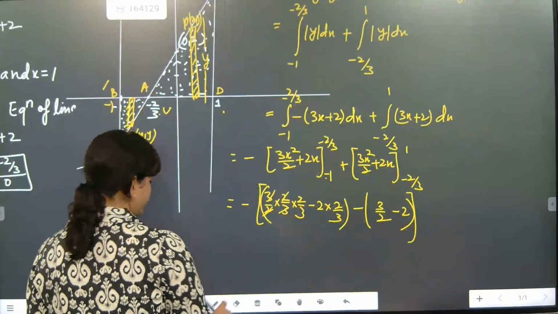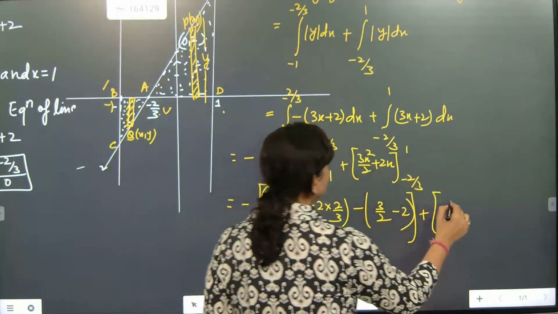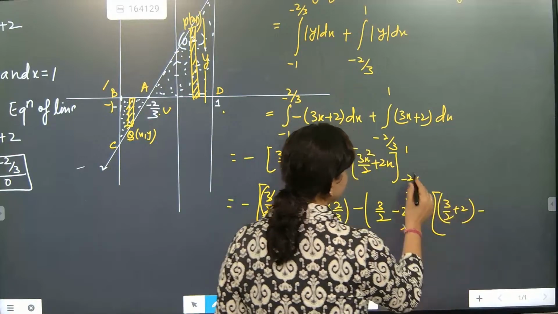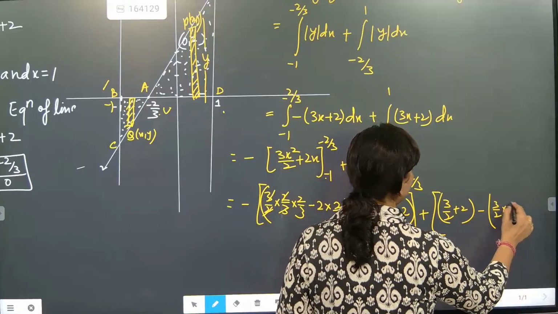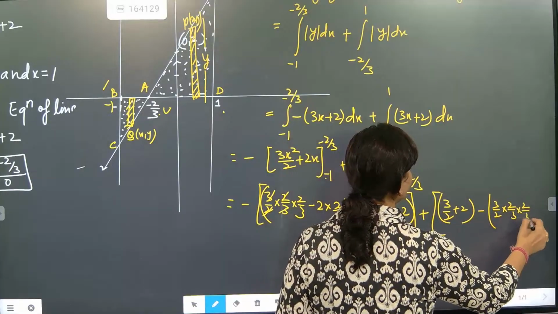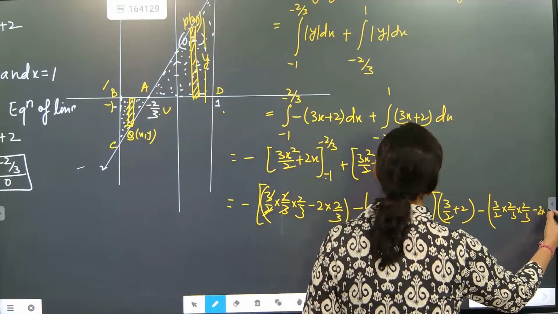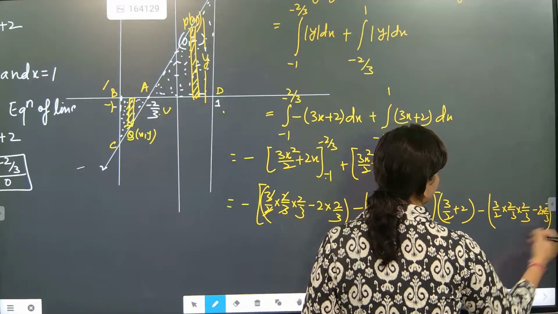After that, the second part, check this one out. Same section, one you are going to put, it will become 3 by 2 plus 2. And then this part you are going to substitute here is 3 by 2 into 2 by 3 into 2 by 3. Minus part we are substituting, so it will become minus 2 into 2 by 3. Okay.